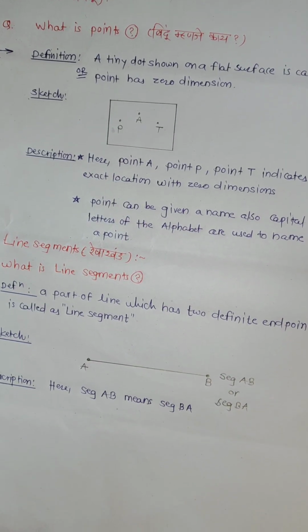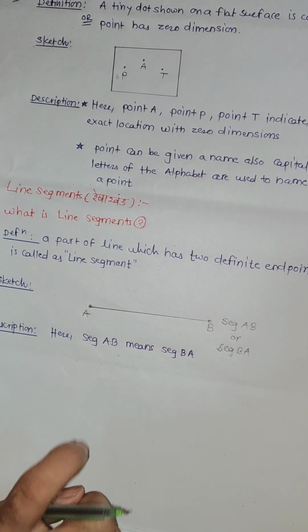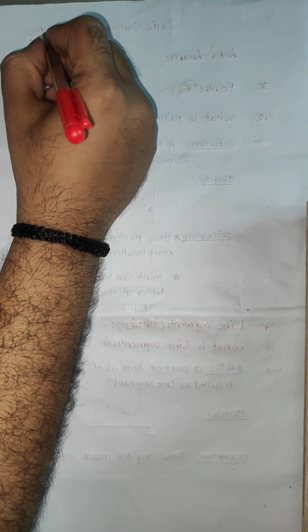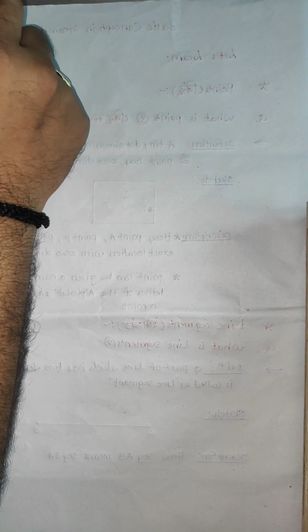Yes, clear. Now in the next part we will discuss what is meant by a line. Okay, today we stop here. Now we move towards the next question: what is a ray?